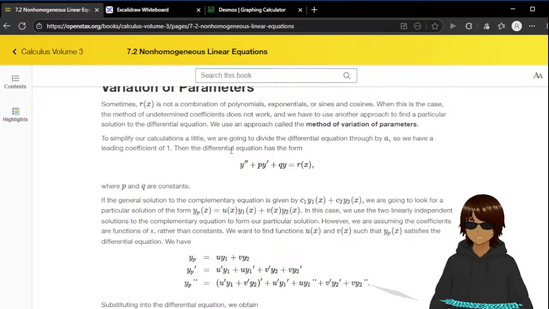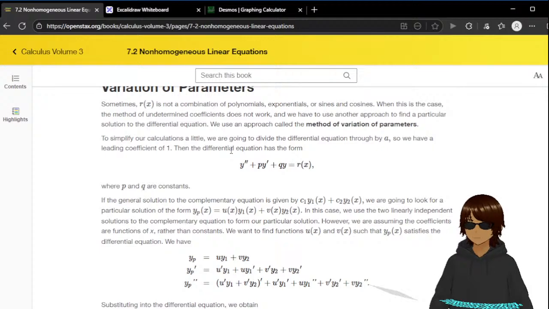We use an approach called the method of variation of parameters. To simplify our calculation a little, we are going to divide the differential equation through by a, so we have a leading coefficient of 1. Then the differential equation has the form y double prime plus p y prime plus q y equals R(x), where p and q are constants.